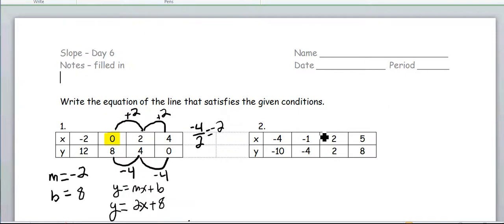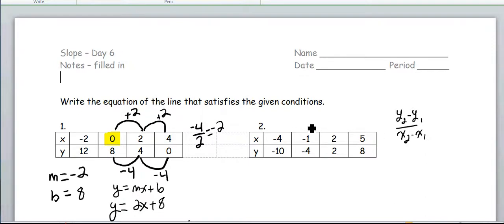Alright. Now, it's not quite so clear-cut with number 2 because we're not seeing the 0 for the x. So what we should do is we should use our slope formula, y2 minus y1 over x2 minus x1. That simply means the y value from point 2 subtract the y value from point 1.